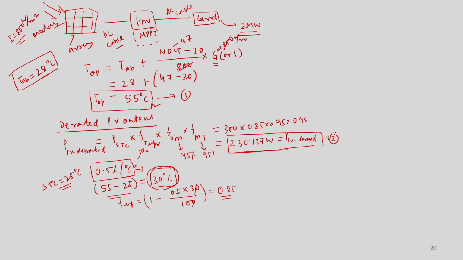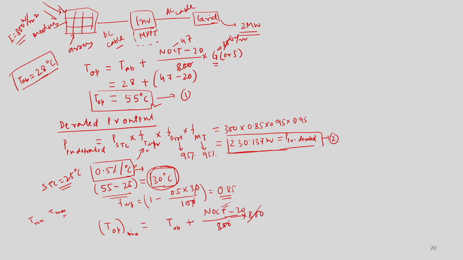Now, on the next page, because we already know T min and T max, we can calculate the T operating minimum. T operating minimum is T ambient minimum plus NOCT minus 20, divided by 800 multiplied by 800, which cancels out.